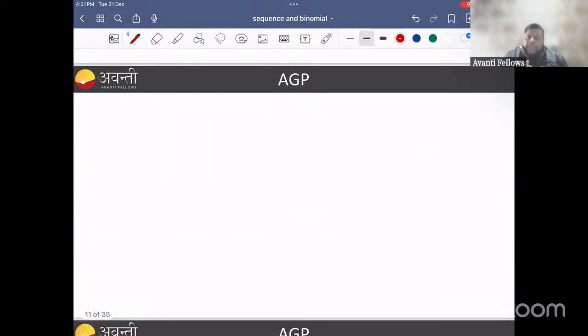AGP, first of all, is a series which has an AP and a GP moving simultaneously. Like a series S equals A plus D into R, plus A plus 2D into R square, plus A plus N minus 1 into D into R to the power N minus 1.